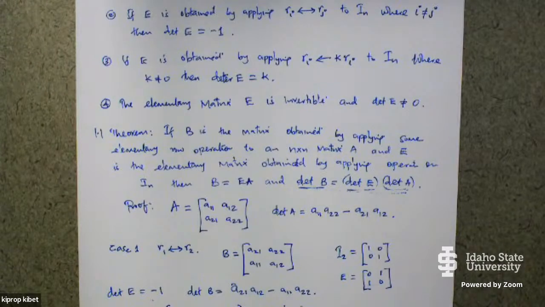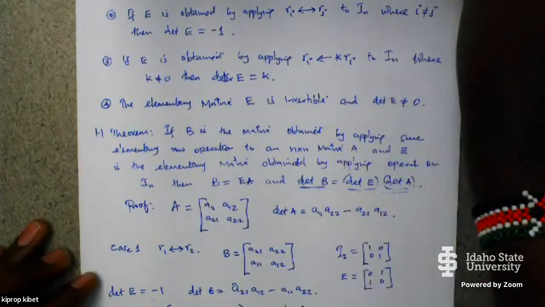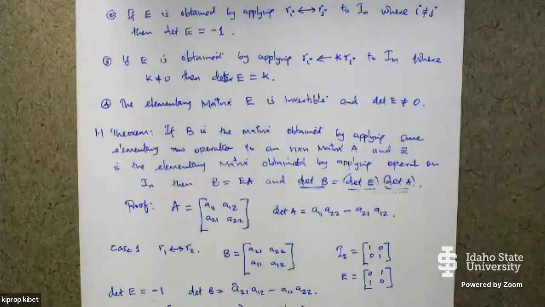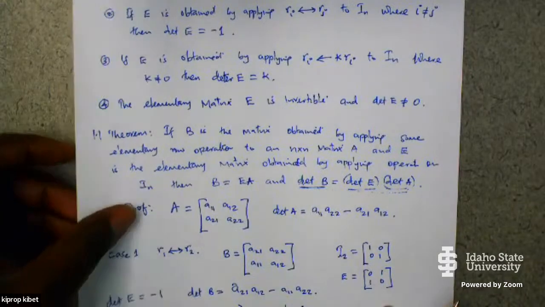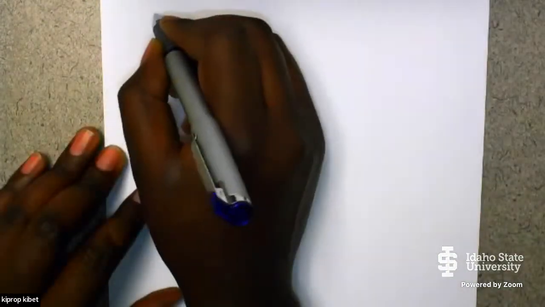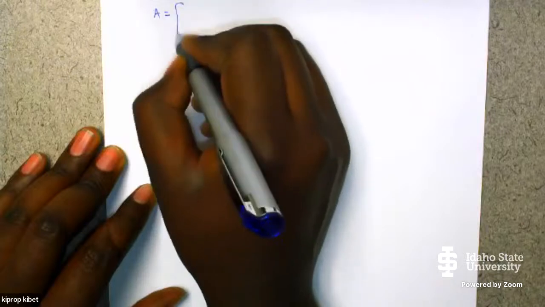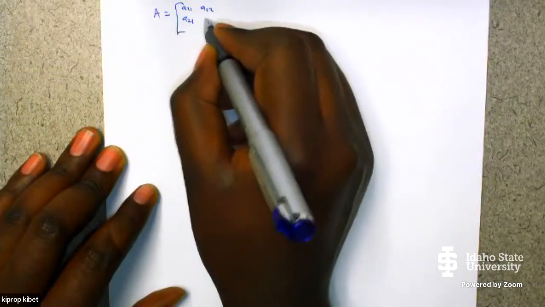Yeah. So that is how the row operations work. Case number 2. Now, if we add a constant, let's say we have our A equal to A11, A12, A21, A22.